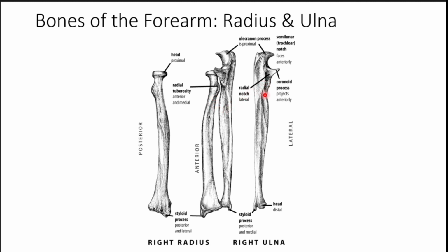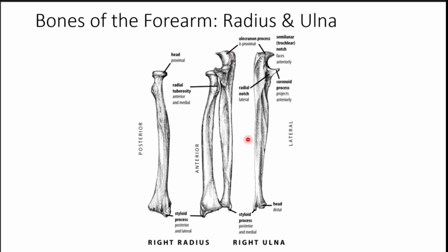the radial notch of the ulna, the olecranon process of the proximal ulna, and a coronoid process that is distal to the olecranon process. And lastly, the trochlear notch, or semilunar notch.